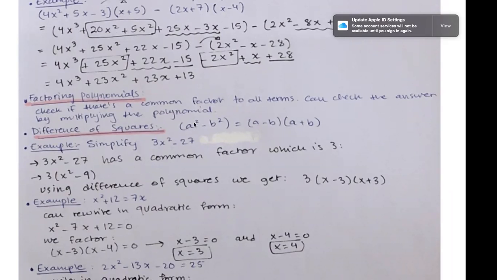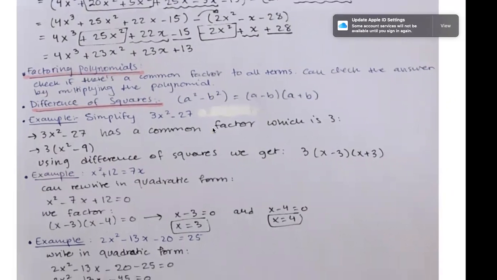When you have a squared minus b squared, you can immediately factor it as a minus b multiplied by a plus b. This is a general rule that everybody uses. You can check that this is true by multiplying these two polynomials to get a squared minus b squared.